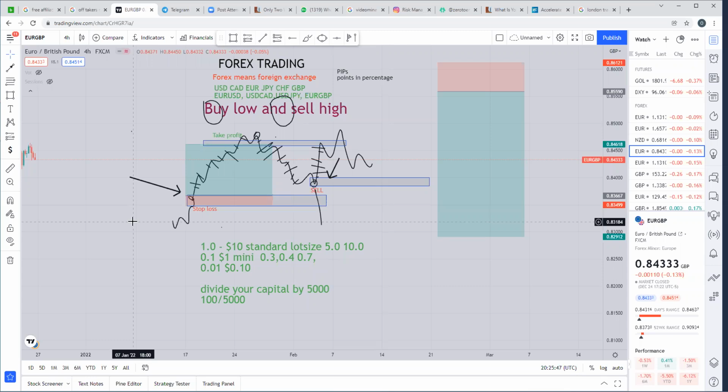And if we are using a mini lot, which is 0.1, remember 0.1 is $1 per pip. Let's say we are using 0.2, so that's $2 per pip, and then a 17 pip stop loss. So that means 17 times 2, that's going to be 34. So that's a $34 loss.